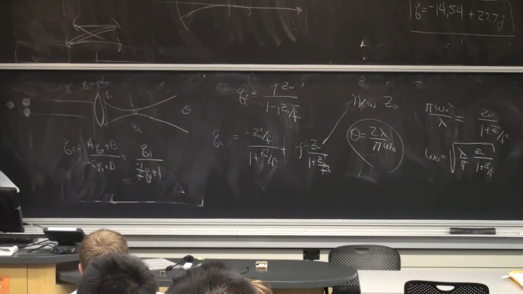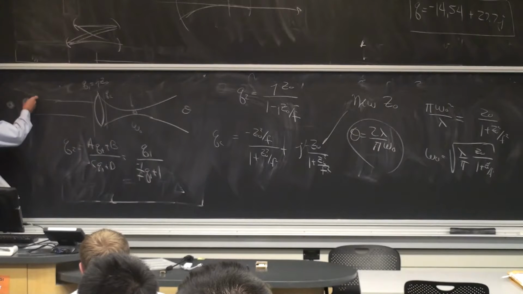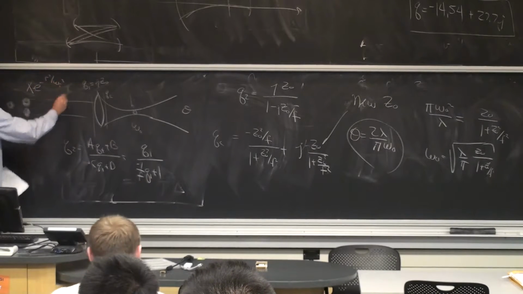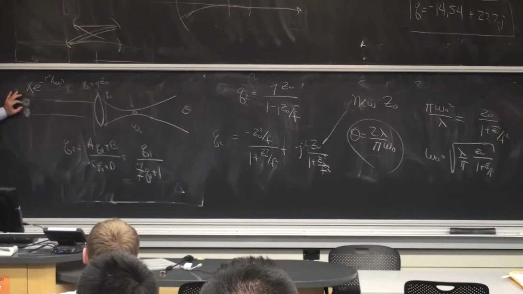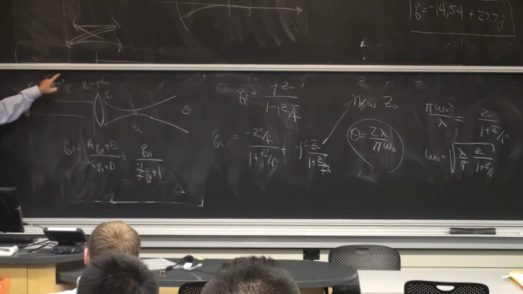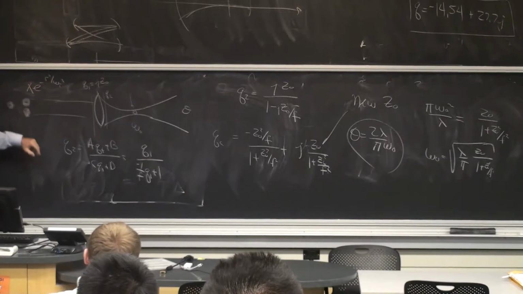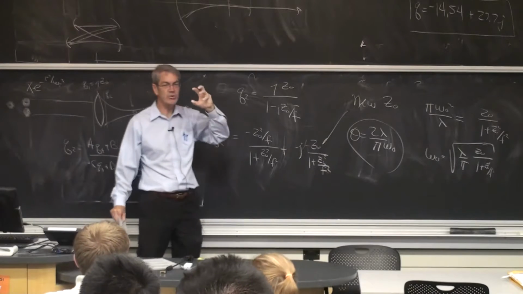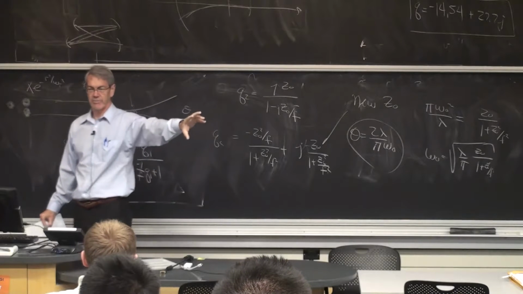But this of course has a profile of x e to the minus r squared over omega naught squared. So that's why it looks bigger, and it physically is bigger, but it's still characterized by that omega naught squared. So omega naught and z naught and all these things are just universal numbers which are connected to a beam.